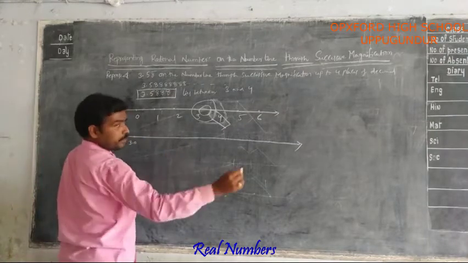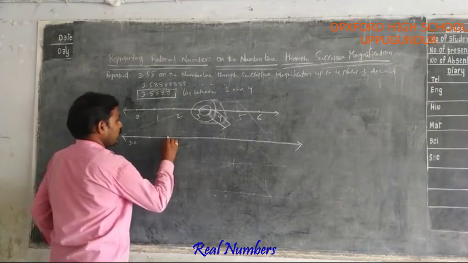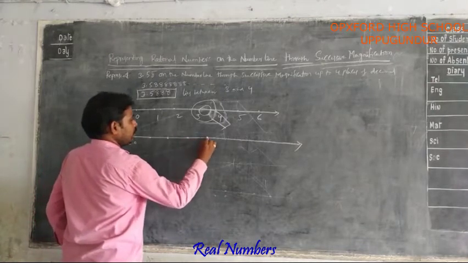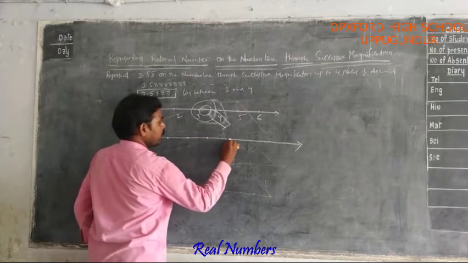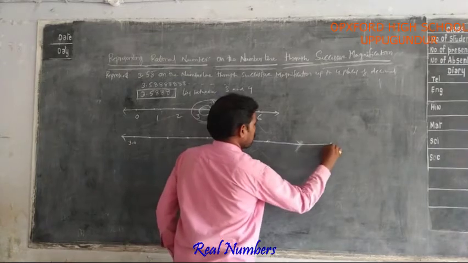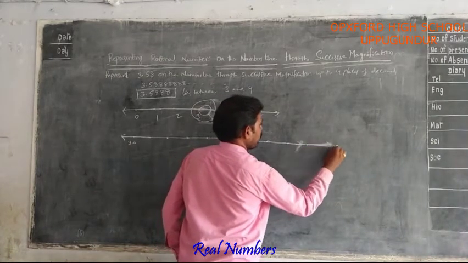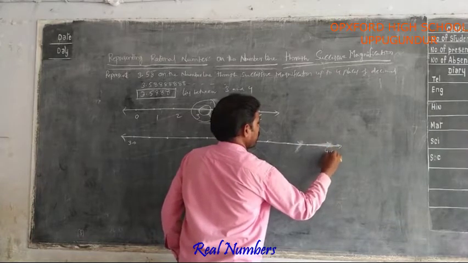We have to divide this into 10 intervals: 3.1, 3.2, 3.3, 3.4, 3.5, 3.6, 3.7, 3.8, 3.9, 4.0.